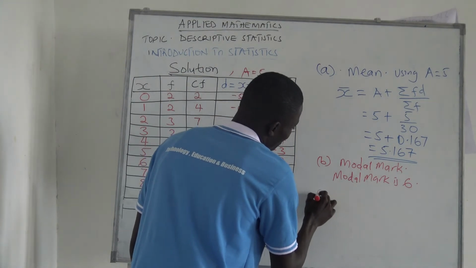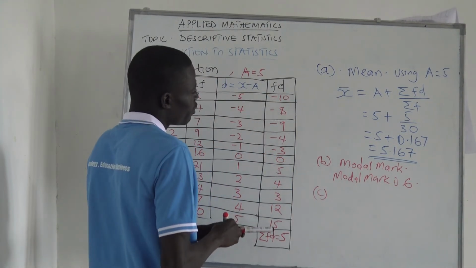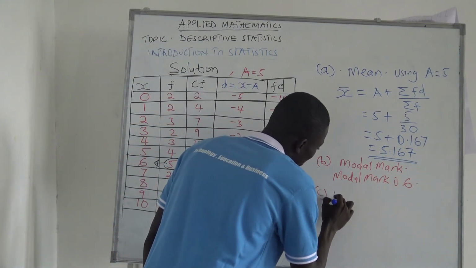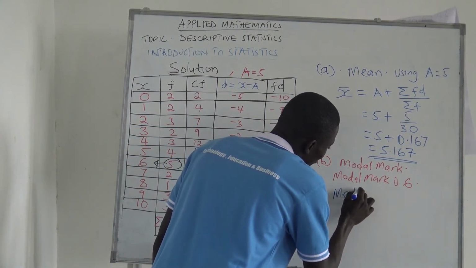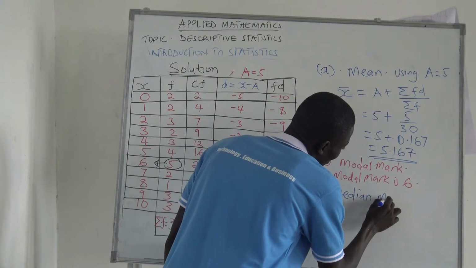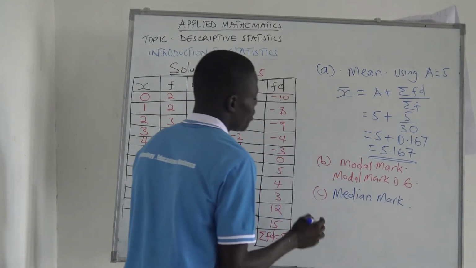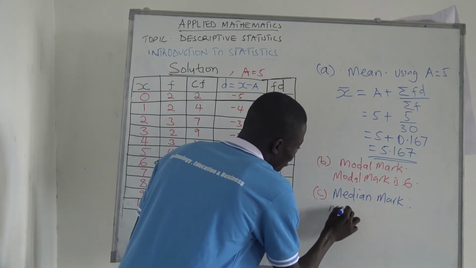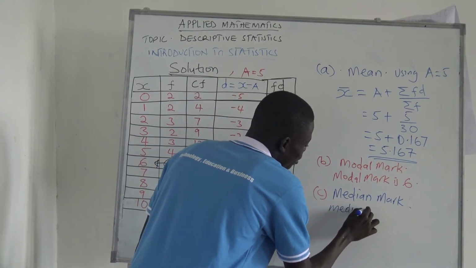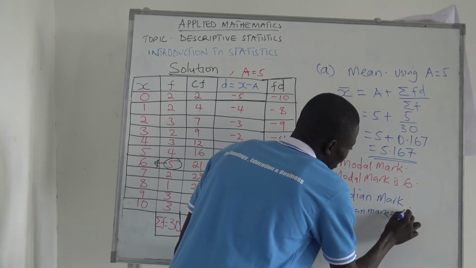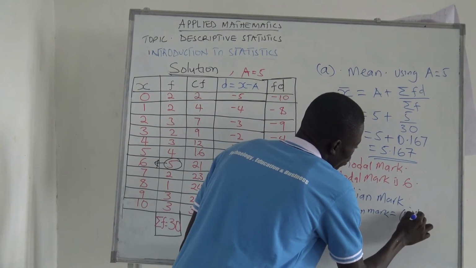And then part C is saying median mark or median value. Let us use median mark. We say that median mark is given by the n out of 2 value.